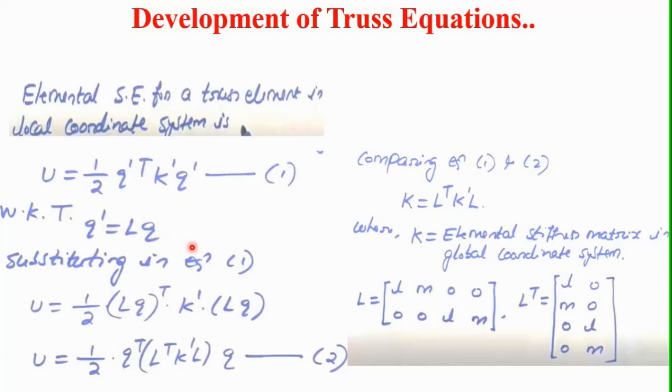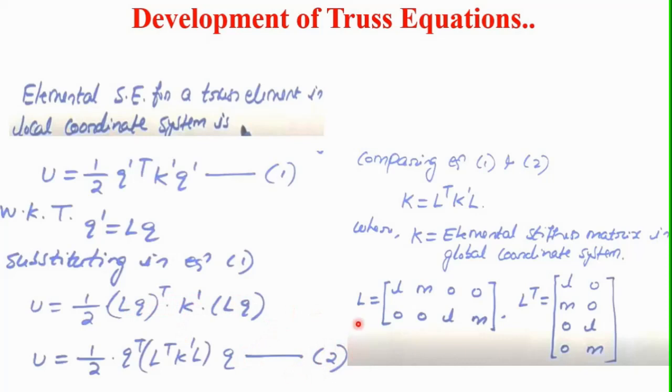Therefore, by substituting this in equation number 1, we get U equals 1/2 of (L Q) transpose into K dash into (L Q). Simplifying this equation, we get U equals 1/2 of Q transpose into L transpose into K dash into L, into Q. This is equation number 2 after simplifying.